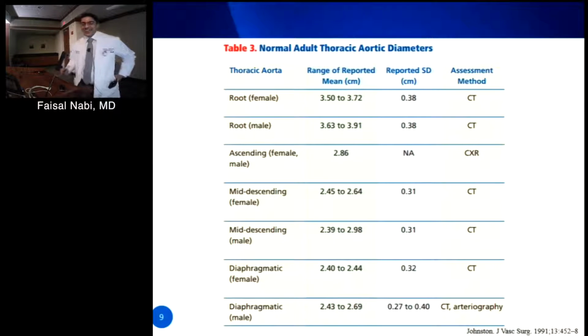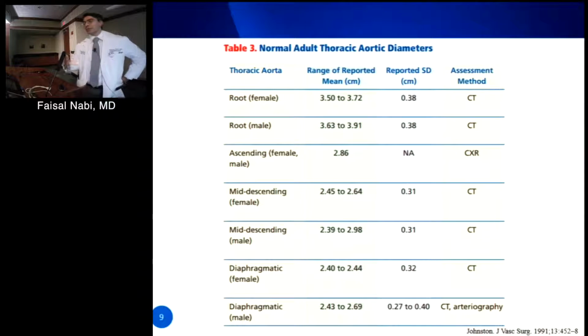So a lot of the confusion in the literature when it comes to measurements, from what I was reading yesterday, is that even though it says the method of measuring was by CT, a lot of these were based on axial measurements, or even on chest X-rays.